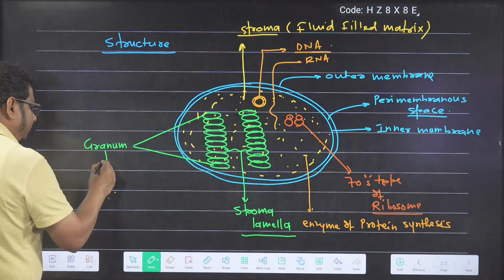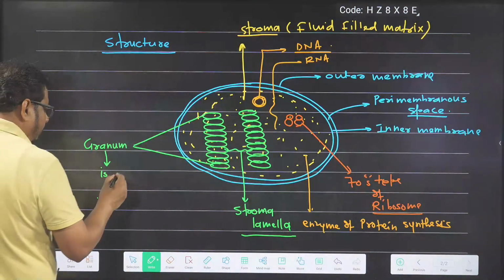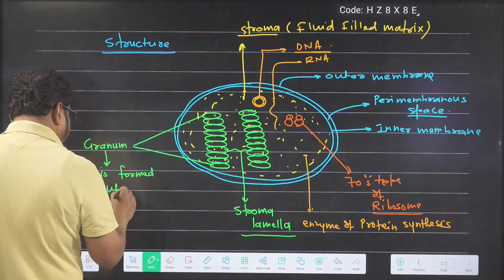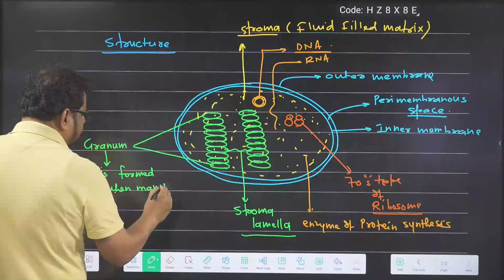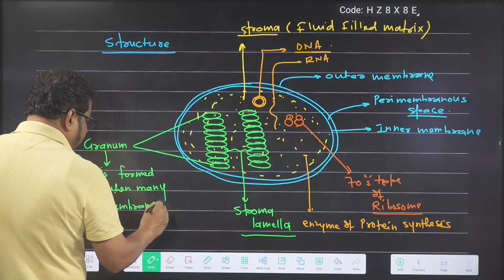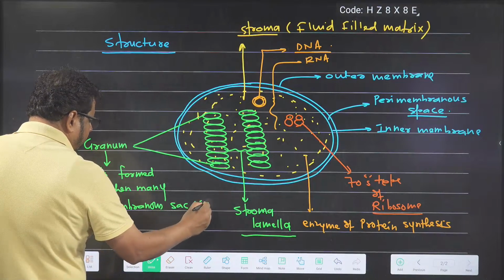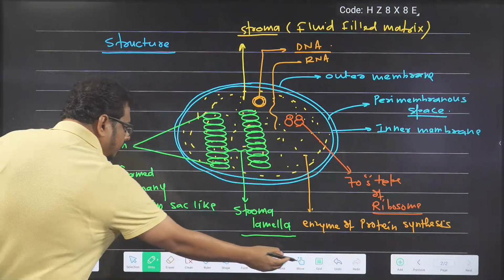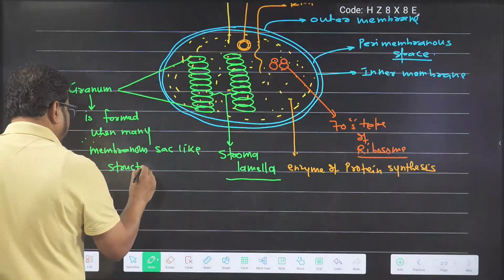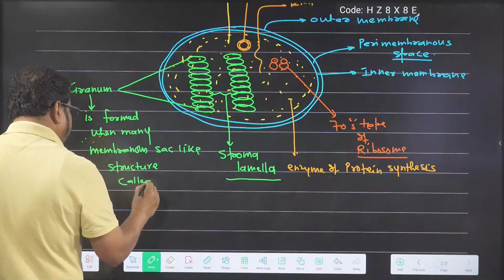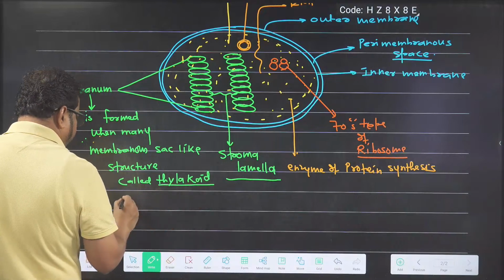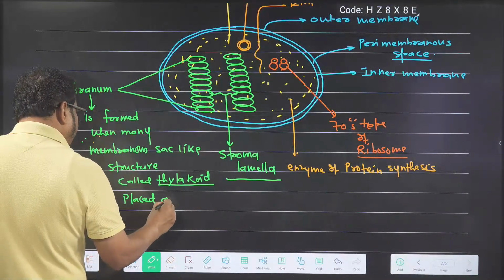So this granum is formed when many membranous sac-like structures called thylakoids are placed one above the other.